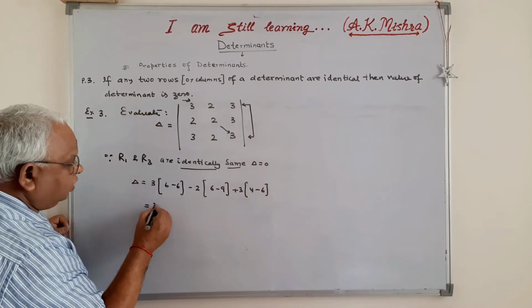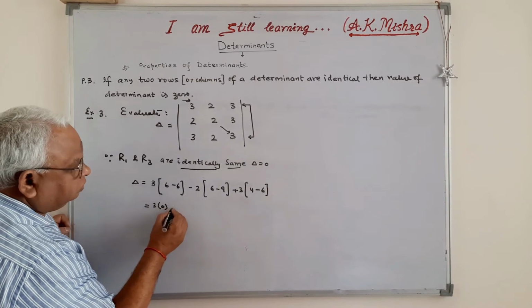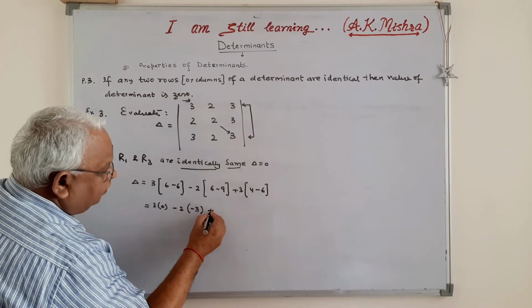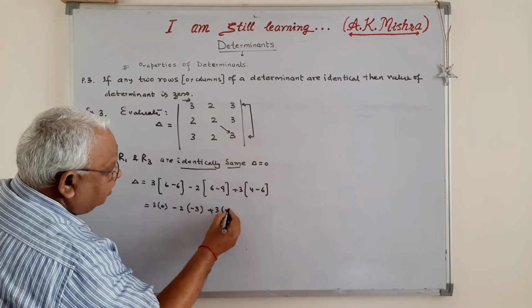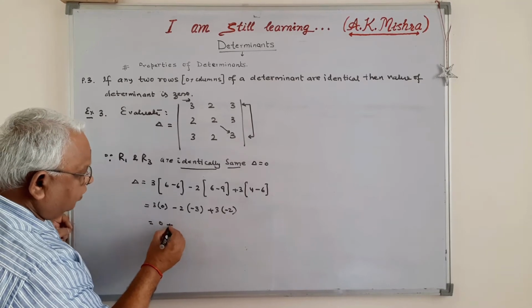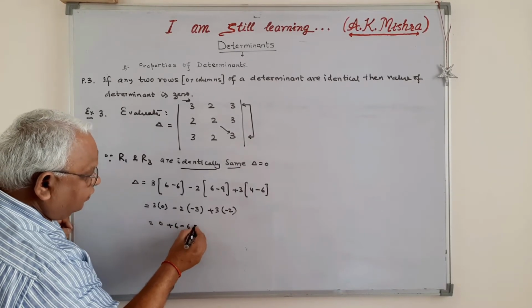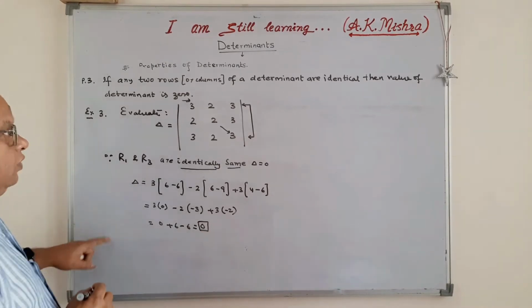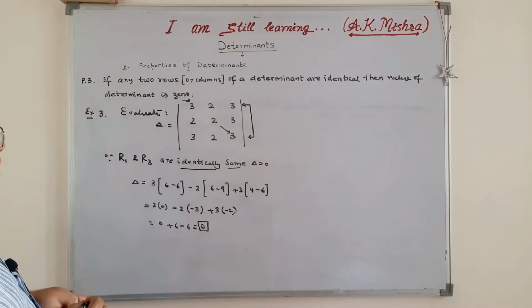So this is 3 into 0 minus 2 into minus 3 plus 3 into minus 2. So this is 0 plus 6 minus 6, which comes out to be 0. So this is the verification of this P3 property.